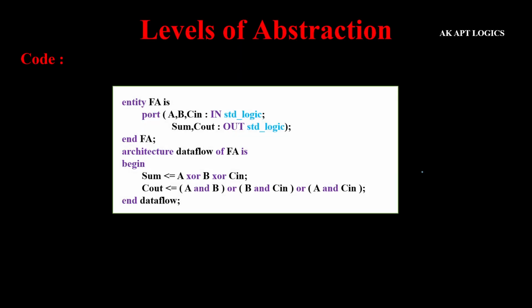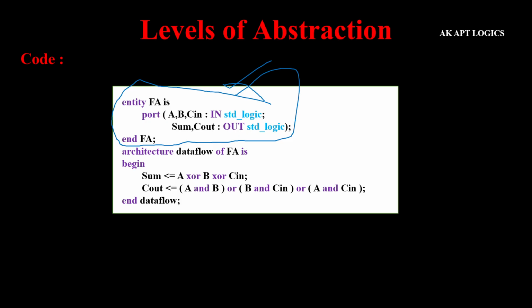Okay, yeah. So in the previous case, what we have taken in the behavioral model, the same entity we have taken. Why? Because the entity will always be the same, only the architecture will vary. Why? Because in the entity we are just mentioning the inputs and outputs.